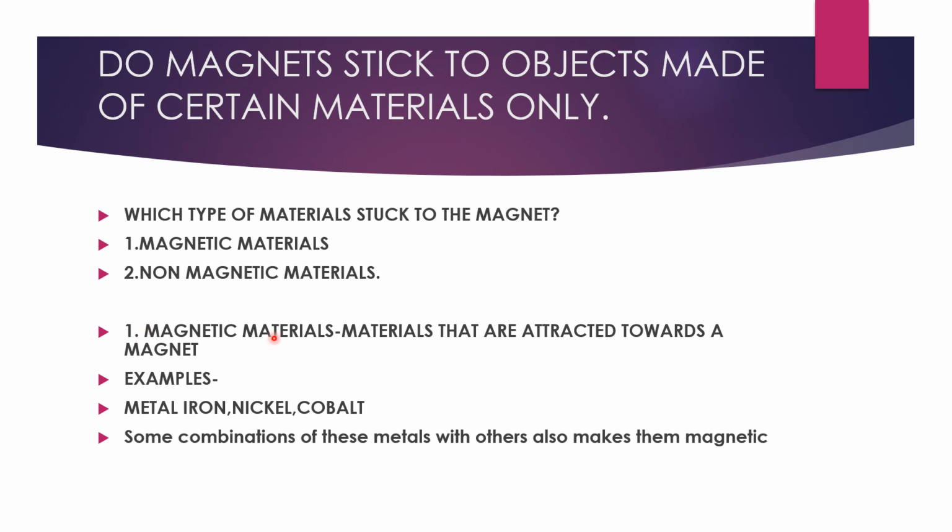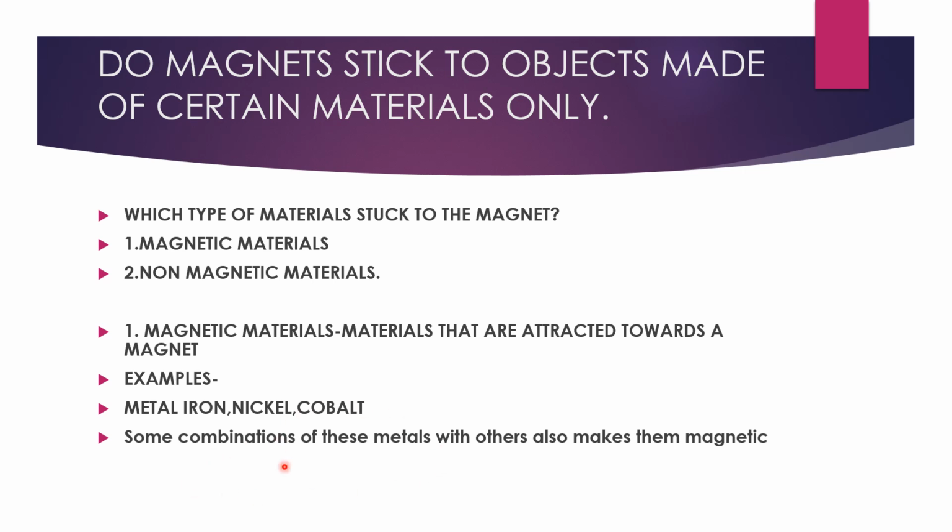What are magnetic materials? From the name it is clear: those which are attracted towards a magnet. Materials that stick to the magnet are called magnetic materials, like iron, nickel or cobalt, which we saw earlier. From them we make the artificial or man-made magnets. They are attracted towards a magnet.